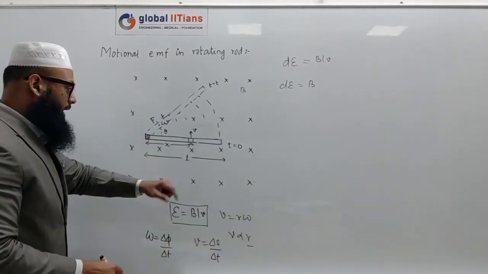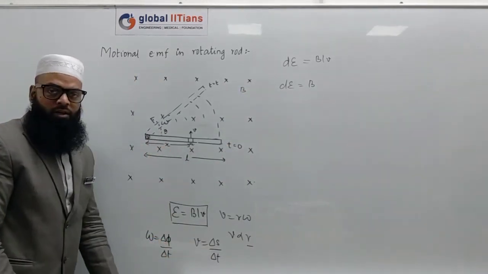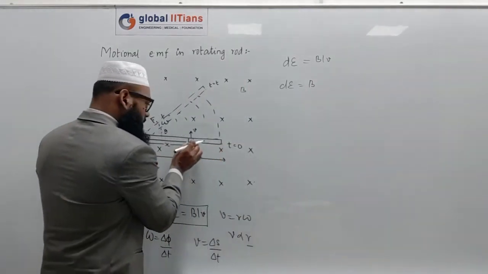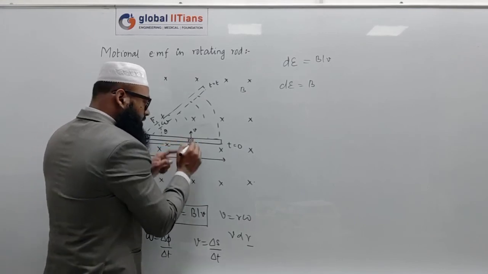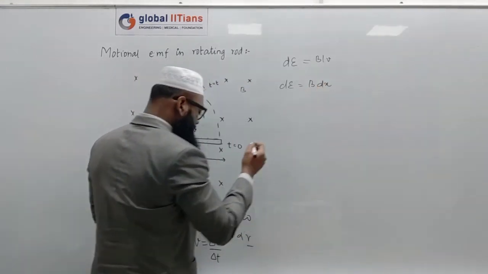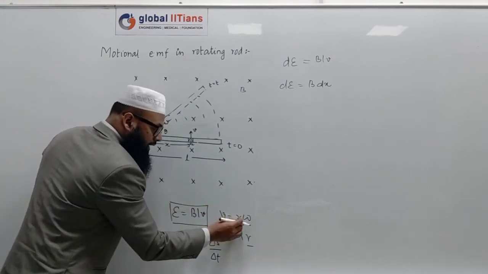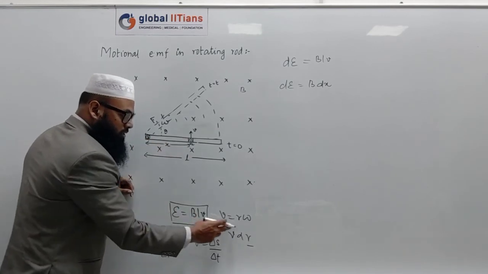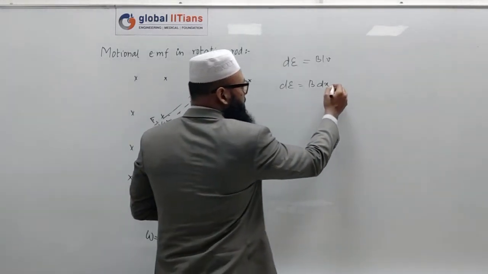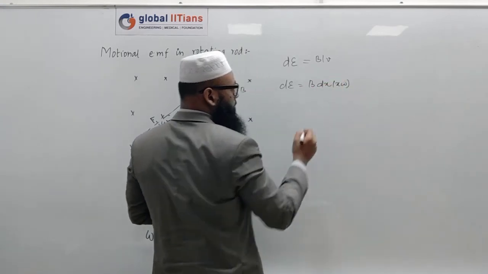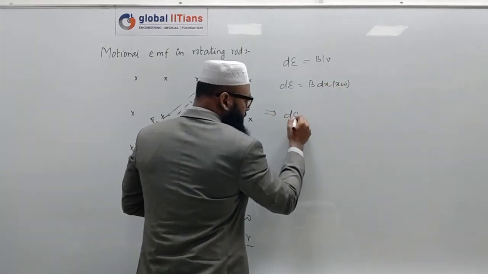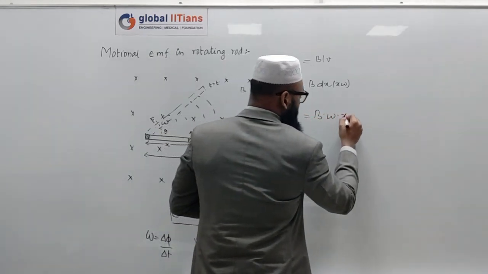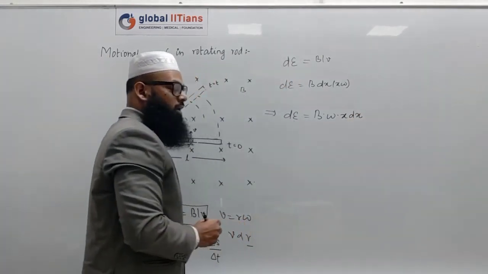L is the length of the element, which is dx. So B into dx. And what is V? V is going to be R omega, and R is the distance from the pivoted point, so in place of R we can write x. So in place of V, we write x times omega. So we have got dE, the small EMF induced, is equal to B times omega times x dx.